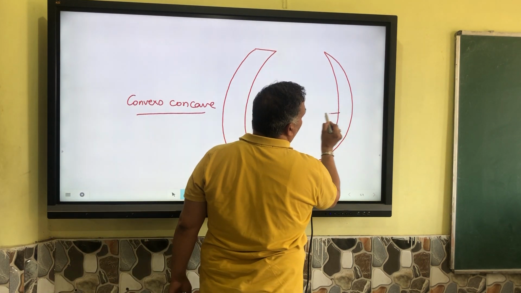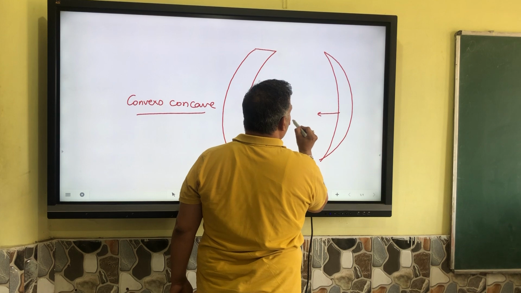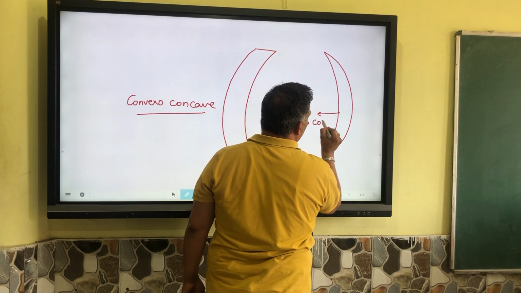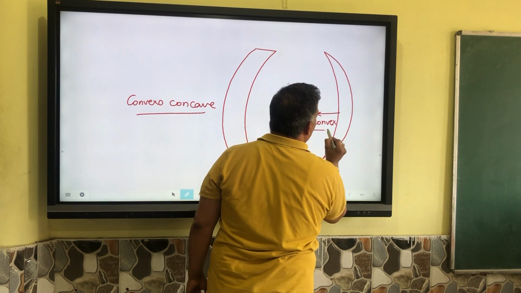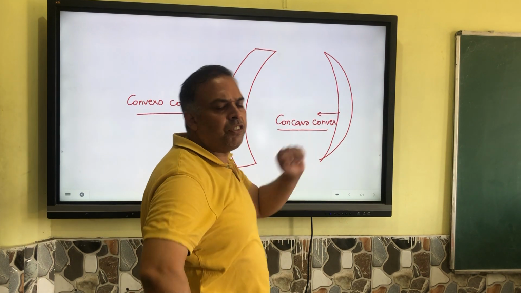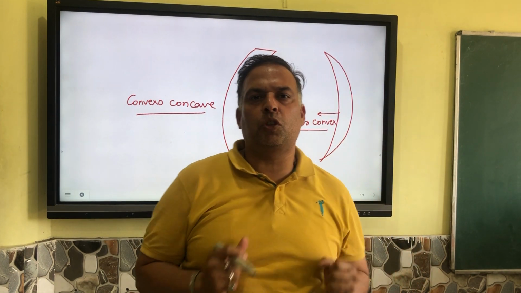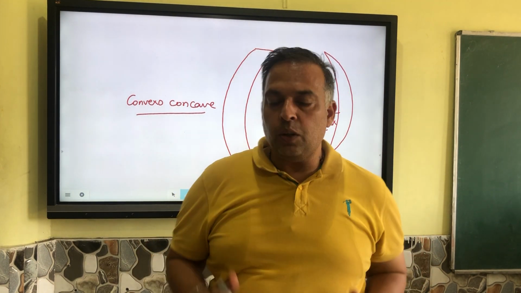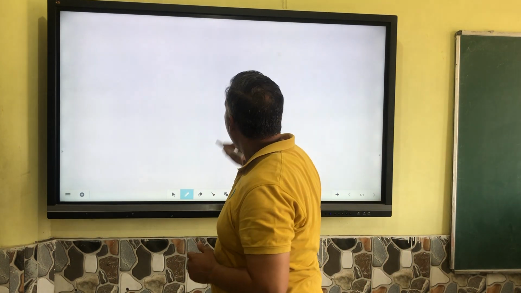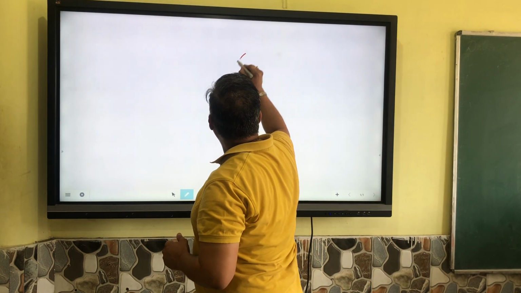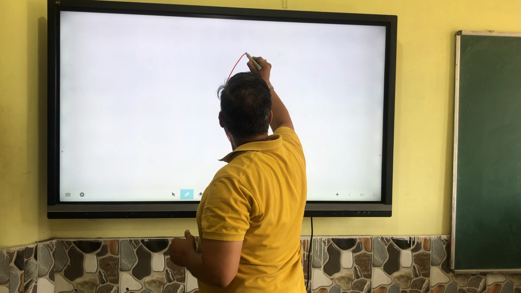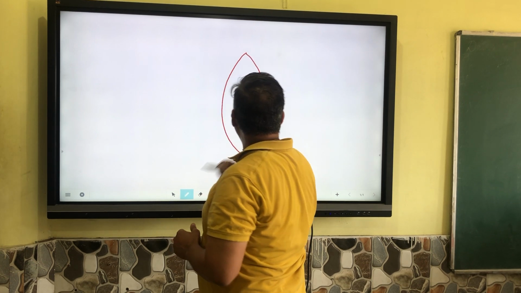And this is called concavo-convex. So these types of surfaces we are studying in this chapter. And today I will talk about a refracting surface.